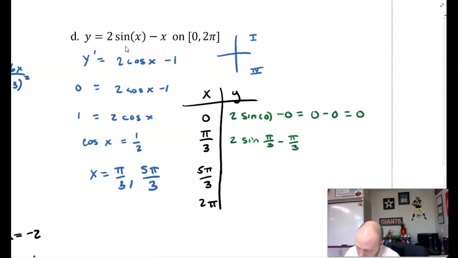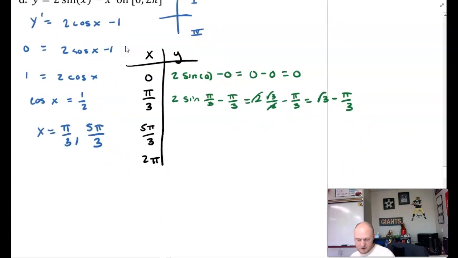Okay, and I can go ahead and compute this. So we have 2 sine of pi over 3 would be root 3 over 2 minus pi thirds. So these cancel, so we have root 3 minus pi thirds.